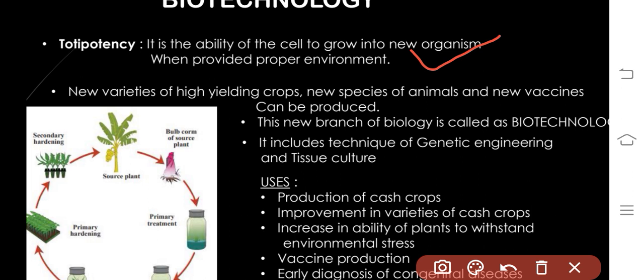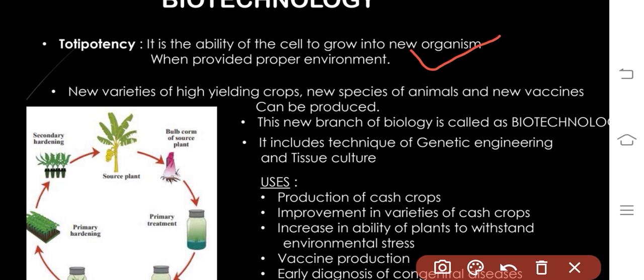Now, this branch of biotechnology brings about improvement in living organisms by artificial genetic changes, also for the welfare of human beings. So this is altogether known as biotechnology.